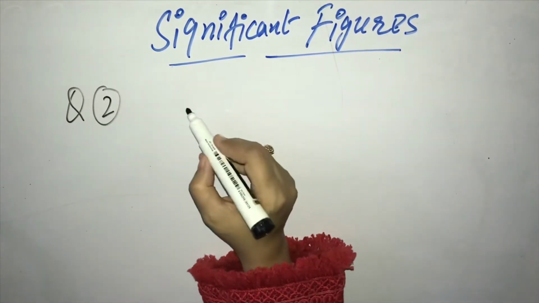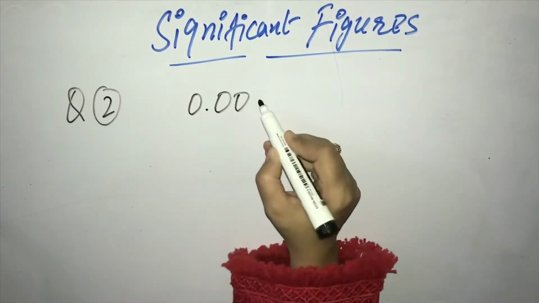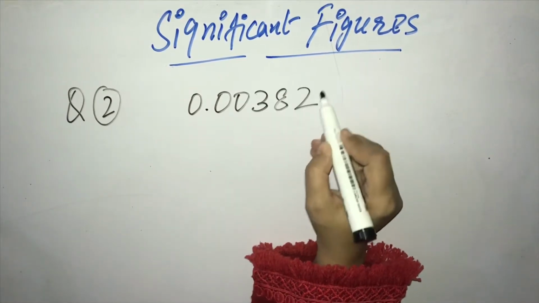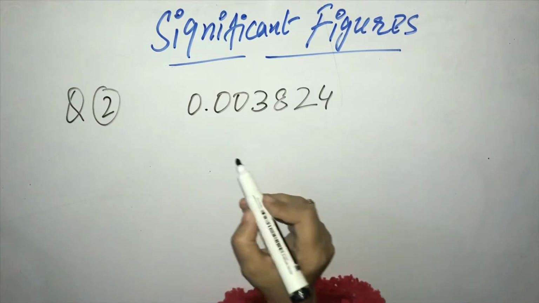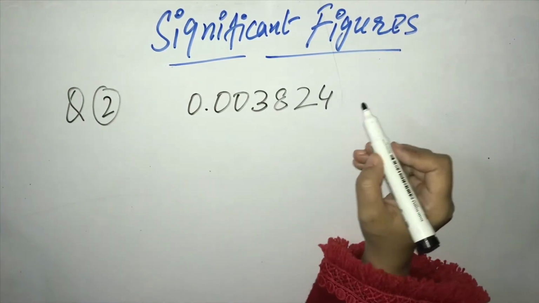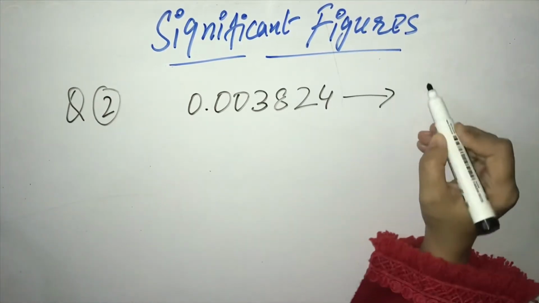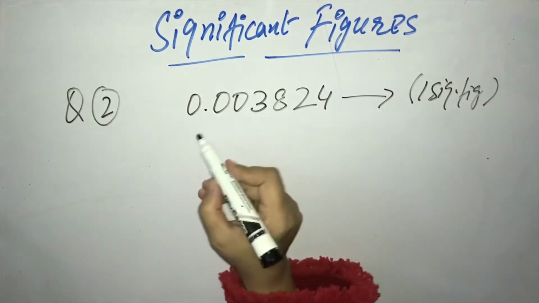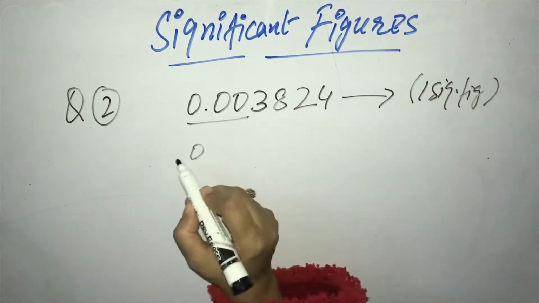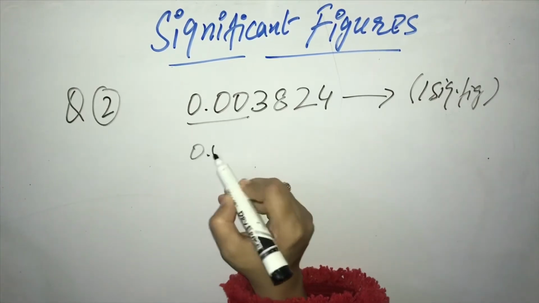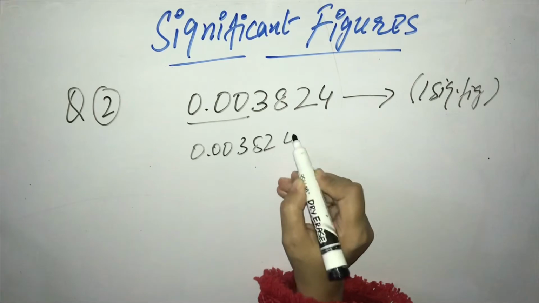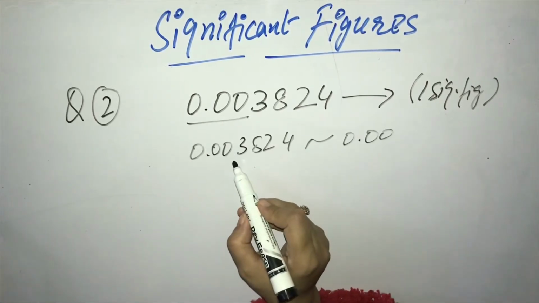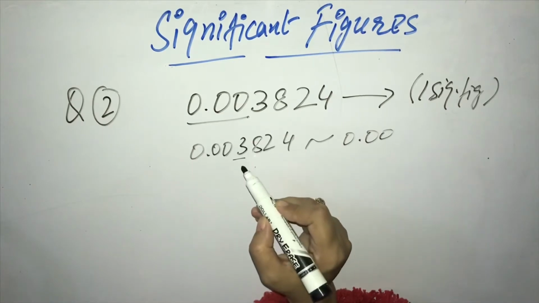My next number is 0.003824. First of all, I have to convert it correct to one significant figure. I will take this part with the answer. My first non-zero number is my first significant figure.